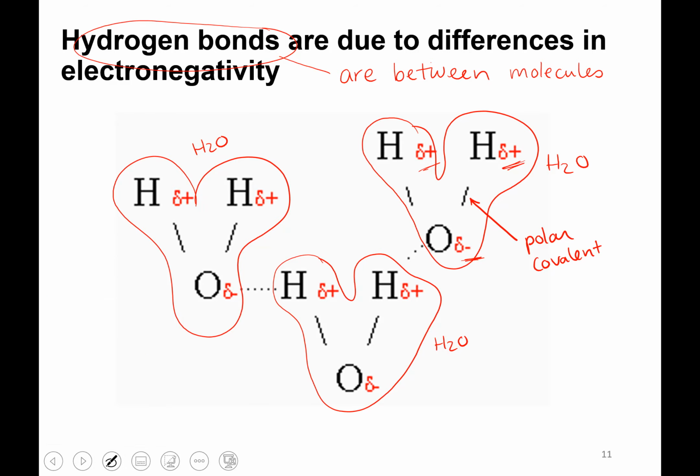What that means for us is that these molecules can be attracted to each other through these partial charges.